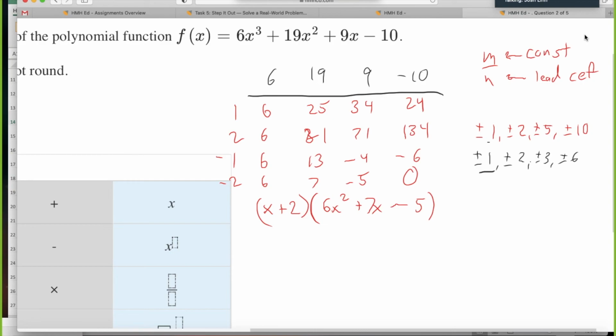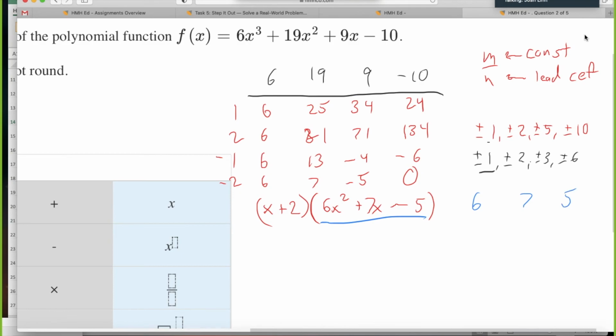Let's get it. Let's get it. So we've knocked out a couple already. And we can set up a new chart just with that one. So we'll set that one up over here. 6, 7, and 5.